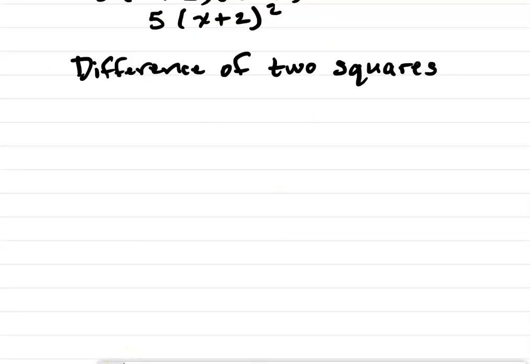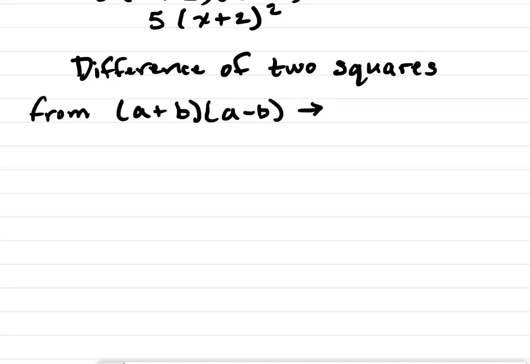Now let's look at difference of two squares. They are formed from a plus b times a minus b. And when you do the FOIL method, you end up with the a term squared minus the b term squared.